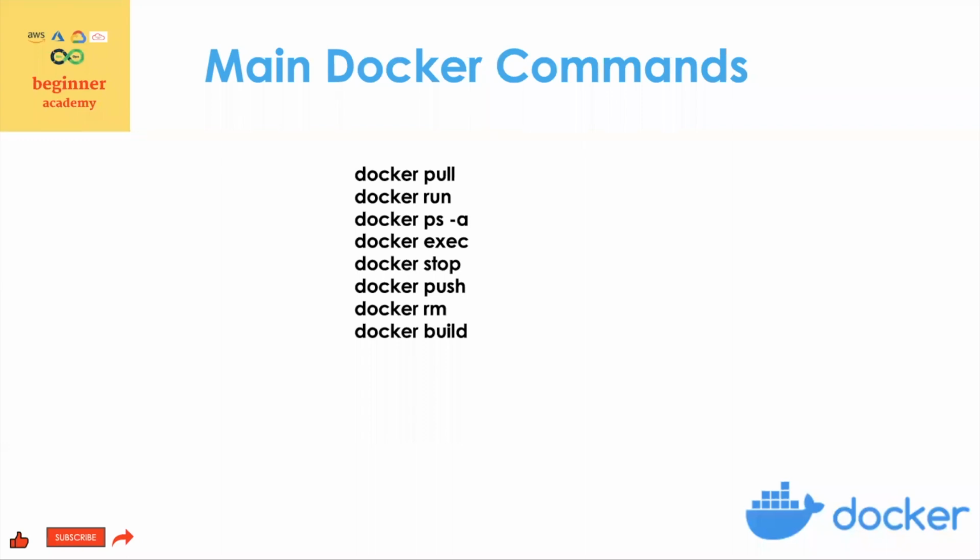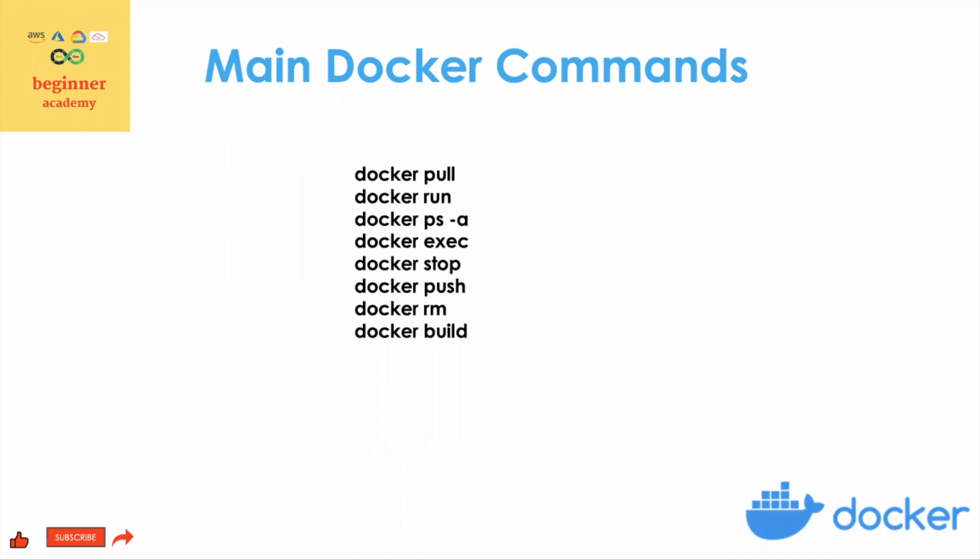Once a container is running, you would like to log into it and check it, in order to debug or check the configuration file, and see what is there in that particular container. You use the Docker exec command to log into that container.